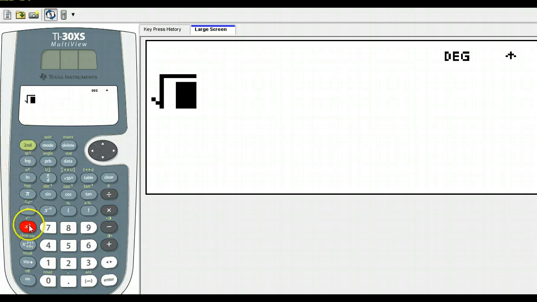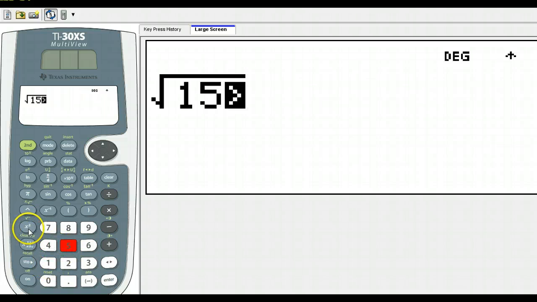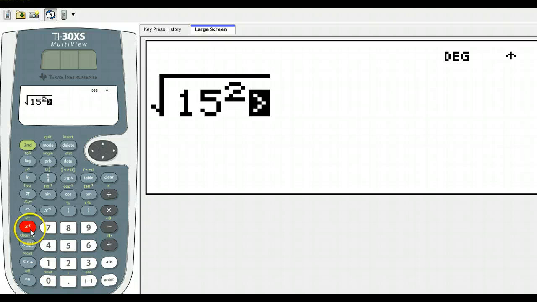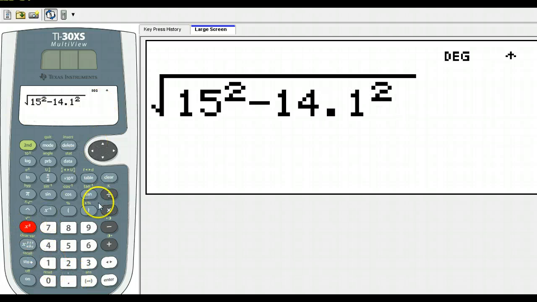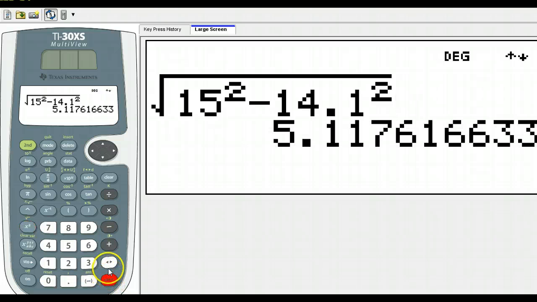I can just go ahead and hit second to make the square root, and I can literally just type it in just like it was on the paper. 15 squared minus 14.1 squared. All right, I can just type in that entire expression and just hit enter.